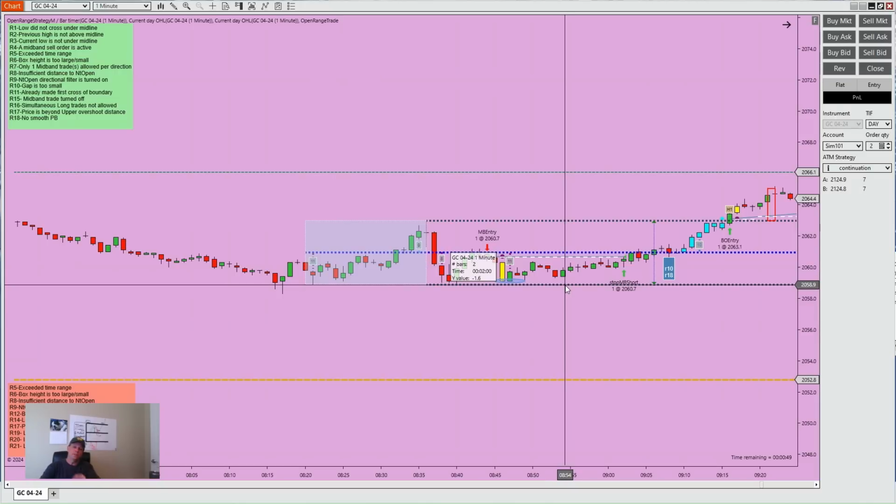So 58.9, 52.8, that's like 60 ticks right there. That's why it took the midband short. It would have taken the shorts because, like I said, I'm looking for 20 ticks or more of space from the entry to give me room to manage the trade when it gets to the overnight open.